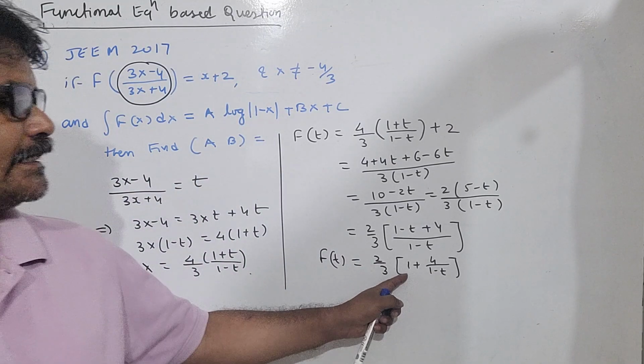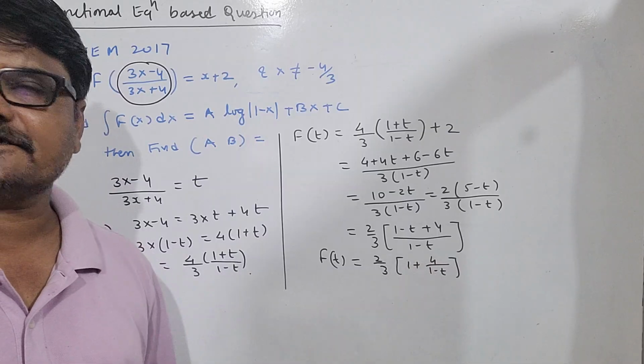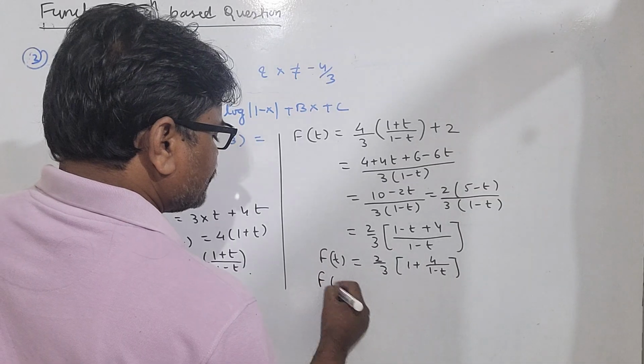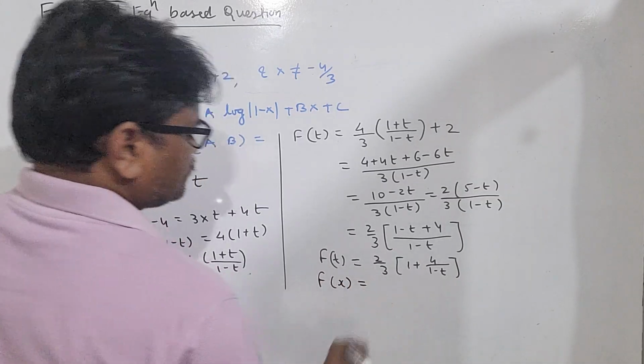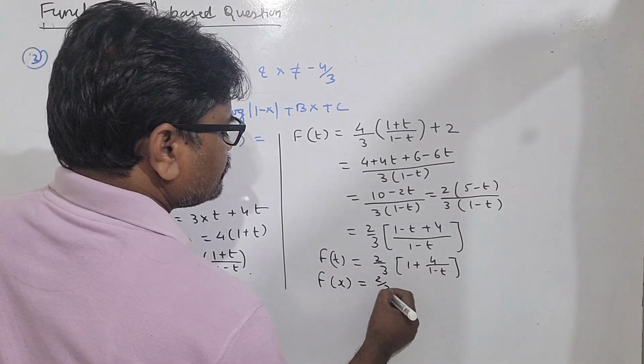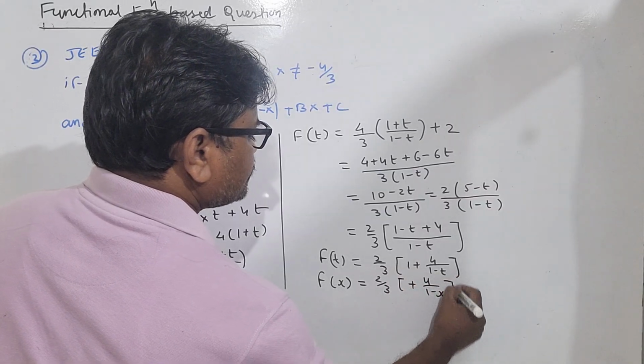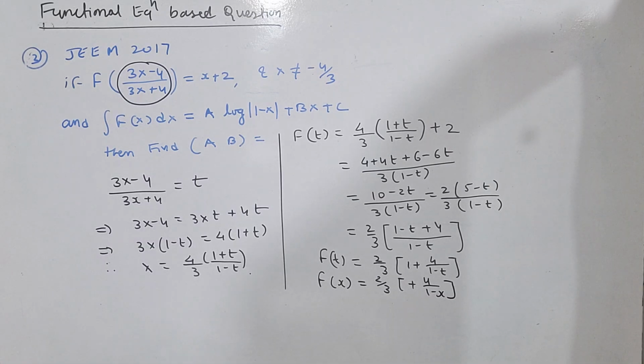Because integration of 1 I can find out, and integration of 4 by (1 minus t) I can find out. So now I can replace t by x. So this is 2 by 3, 1 plus 4 by (1 minus x). Correct? Now we can integrate.